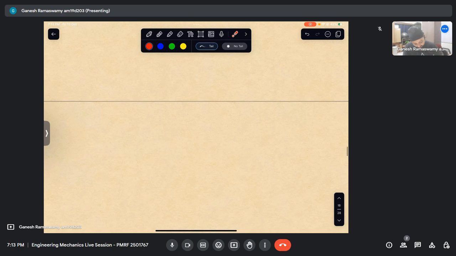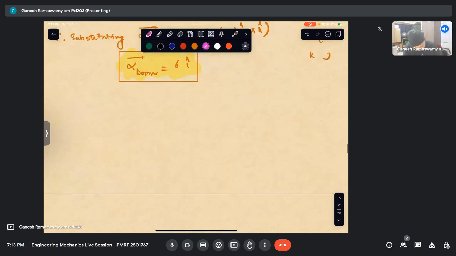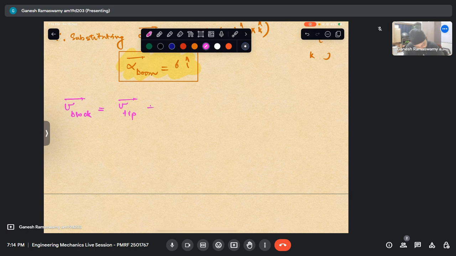The velocity of the block is our velocity of the tip plus omega RFR cross R of that block with respect to tip plus VREL.